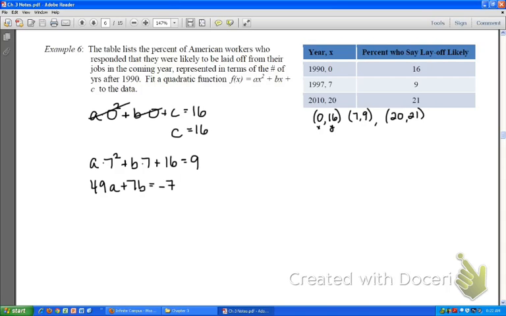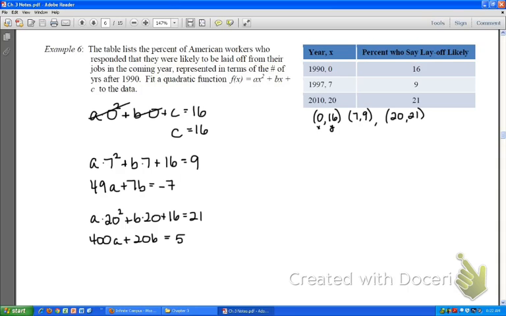So my next equation is going to be a times 20 squared plus b times 20 plus c, which is 16, equals 21. That simplifies down to 400a plus 20b equals 21 minus 16, which is 5.